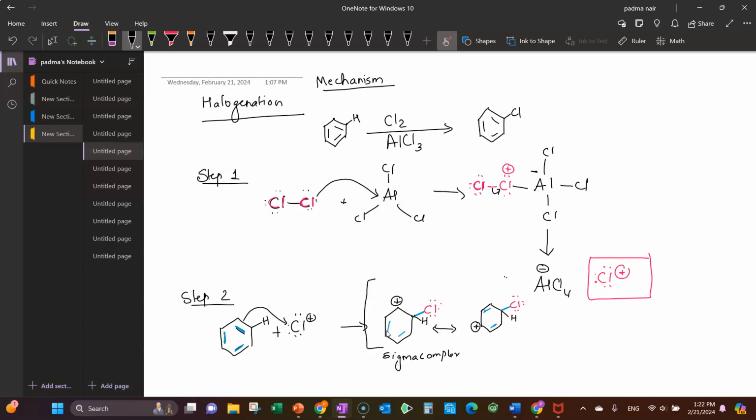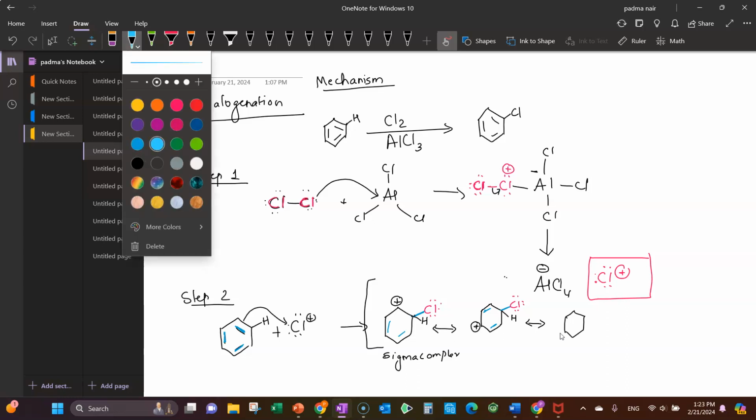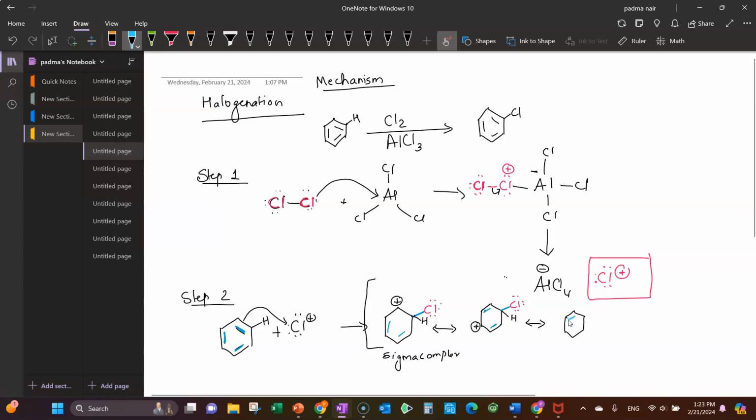So see how the charge is moving from this carbon atom to here. And now we can draw a third resonance structure where the delocalization of electrons happens between these 3 carbon atoms. We draw the third resonance structure for the sigma complex. So this bond remains intact. Now our pi electrons move over here. We have the bond still with the chlorine atom.